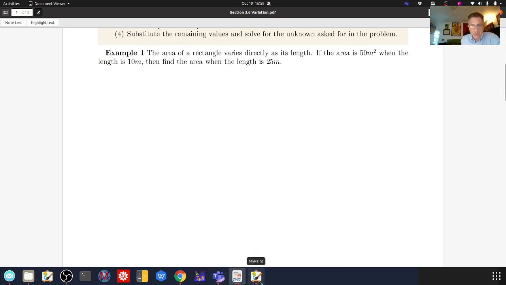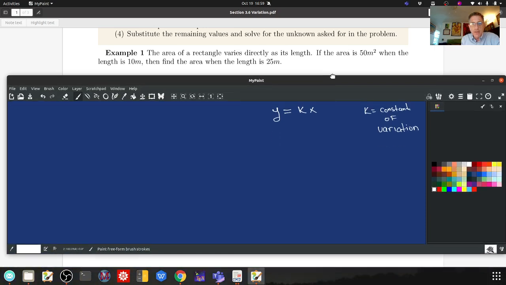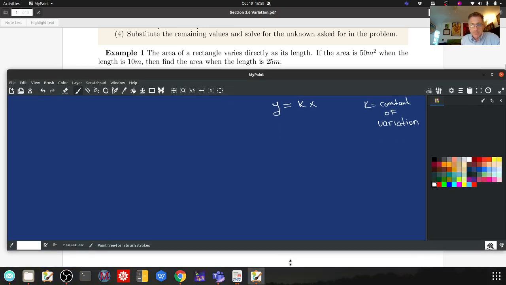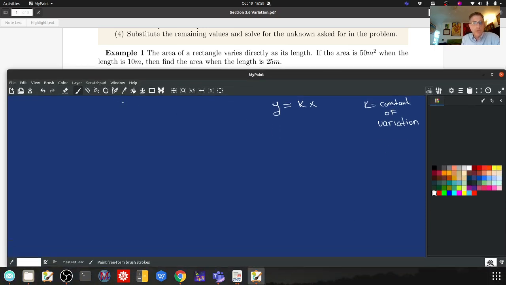So let's do it. So the area of a rectangle varies directly as its length. So here's our general formula. Y is equal to our constant of variation times x. And that means y varies directly as x.